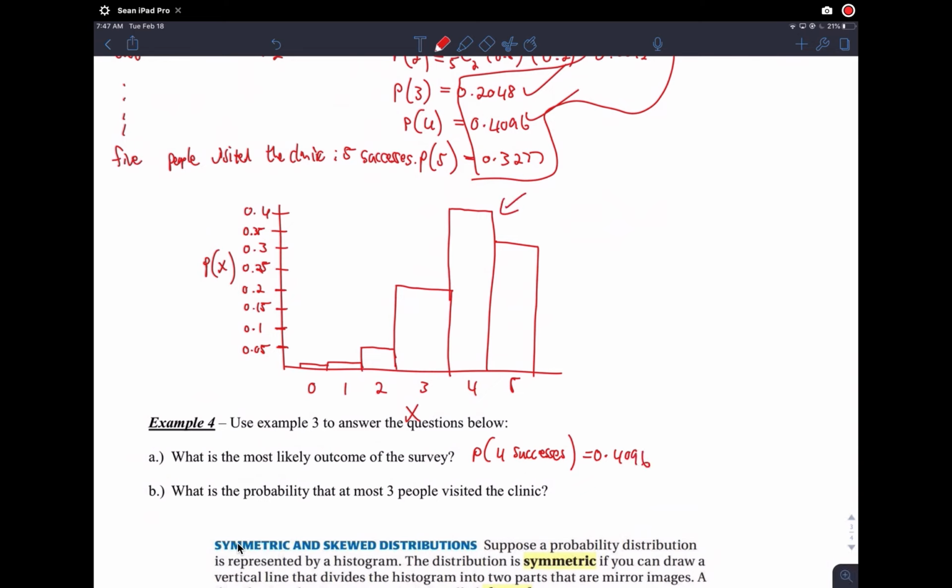Then at most 3 people means probability of 0, probability of 1, probability of 2, or probability of 3. Those are all the options.